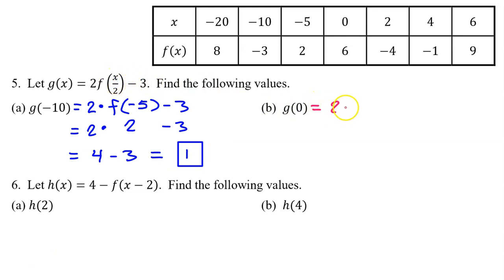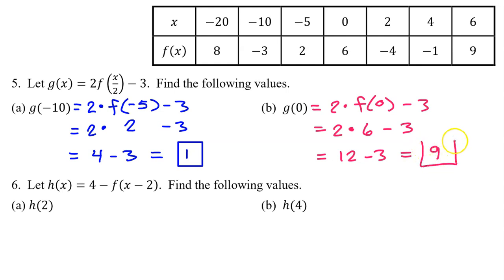So we get 2 times f at, and 0 divided by 2 is just 0, and then minus 3. So this is going to become 2 times, now what is f at 0? Here's 0, f at 0 is 6. So 2 times 6 minus 3. So this is 12 minus 3, which is equal to 9.